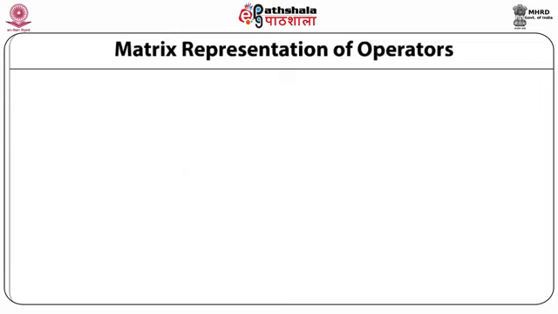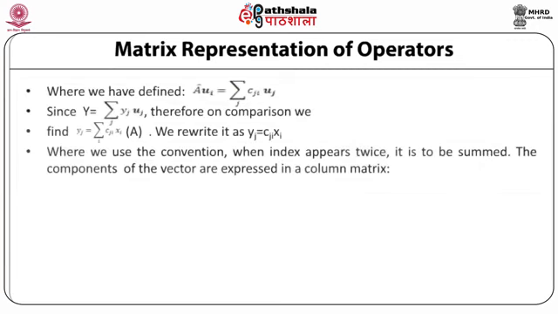Matrix representation of operators. Continuing from the previous equation, we have defined the operator A acting on ui as equal to summation over j of cji uj.